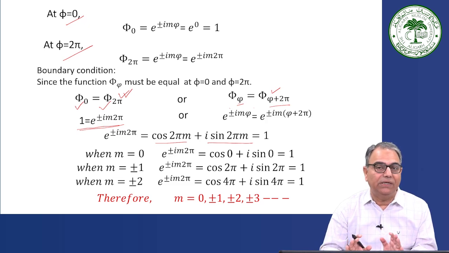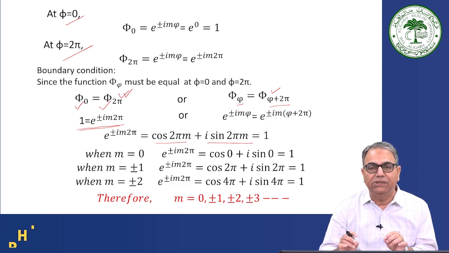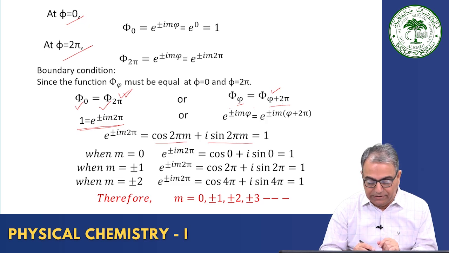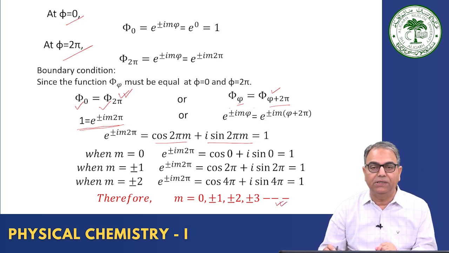And this is again a quantization, because you are restricting the value of m to particular values. It cannot go indefinitely or in any manner. So, the boundary condition is very important in quantum mechanics. Boundary condition is the basis, the reason for all kinds of quantization which appear in the system. Therefore, m has limited values of 0, plus minus 1, plus minus 2, plus minus 3.